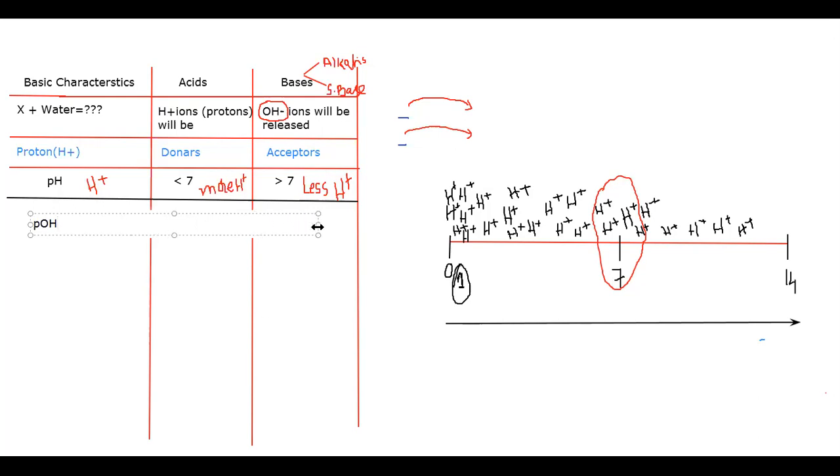Okay, hydrogen ion and hydroxide ion are reciprocal to each other. It means if the pH is less than 7 in case of acid, then the pOH must be more than 7. And in case of bases, the pOH is less than 7.